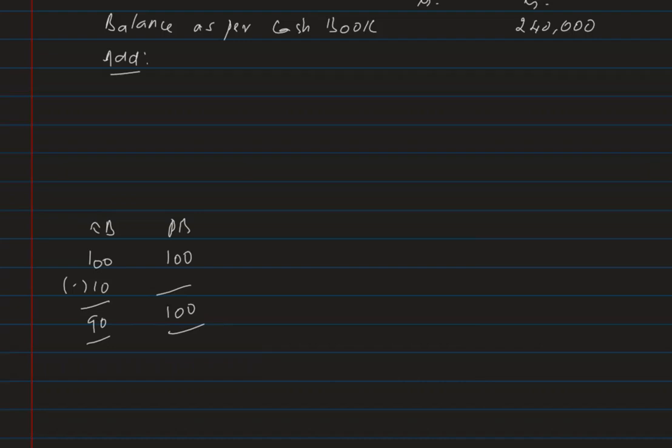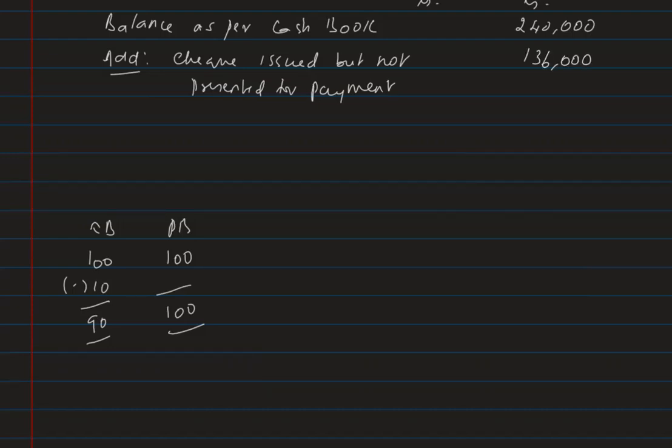Now your starting point is cash book, so you should do something to the cash book that will match with the passbook. Since cash book balance has become 90, you need to add it to the cash book so that it becomes equivalent to the passbook. So check issued but not presented for payment. I can either put it directly in the outer column or in the inner column also.